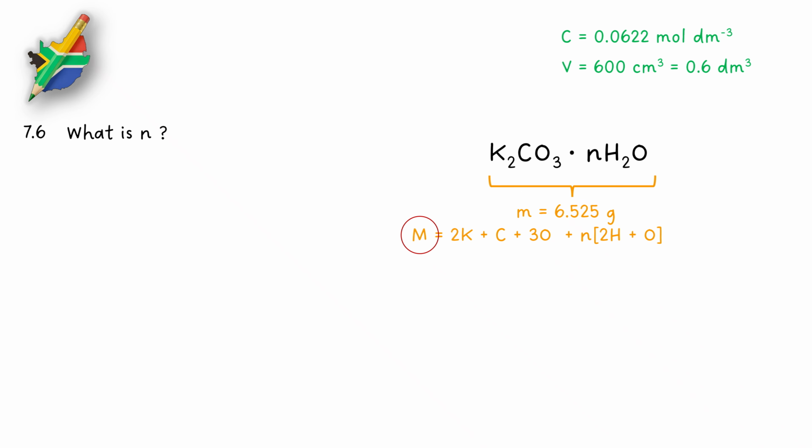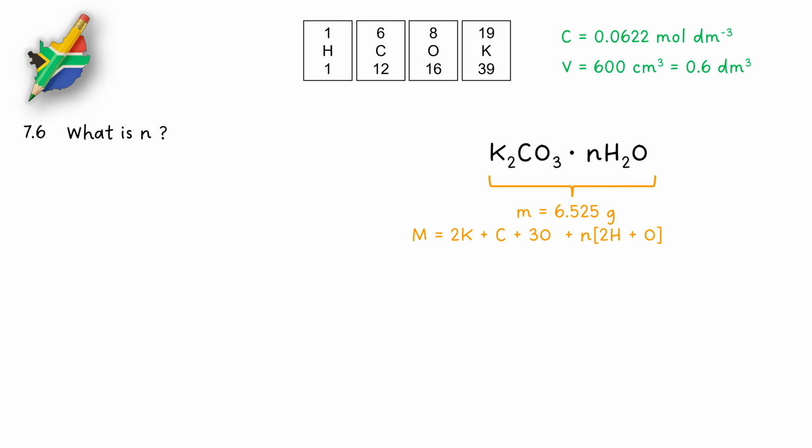Now to solve this problem, we need to know the molar mass of the hydrated salt, which is made up of the molar mass of 2 potassiums, 1 carbon, 3 oxygens, and N waters, where there are 2 hydrogens and 1 oxygen atom per water molecule. And since we know the individual molar masses of each element from the periodic table, we can generate a formula which will allow us to solve for N if we know capital M, the molar mass. So let's start by determining the molar mass of the whole salt.